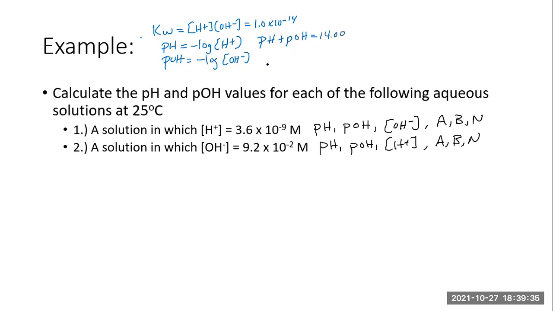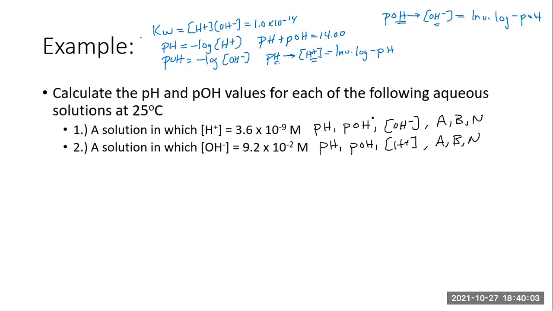We also have that the pH will give us the H plus concentration by taking the inverse log of the minus pH. And lastly, if we have the pOH, we could get the OH minus concentration. Again, OH, OH, and H, H. By doing the same thing, the inverse log of the minus pOH.